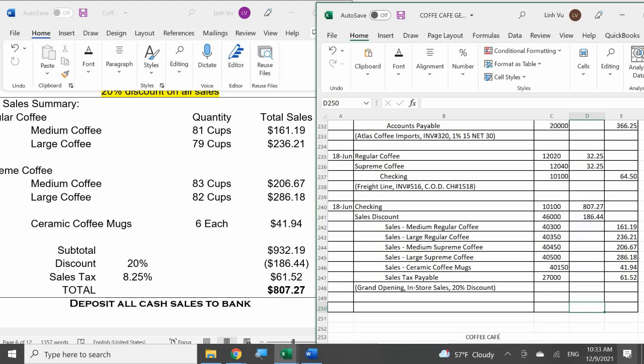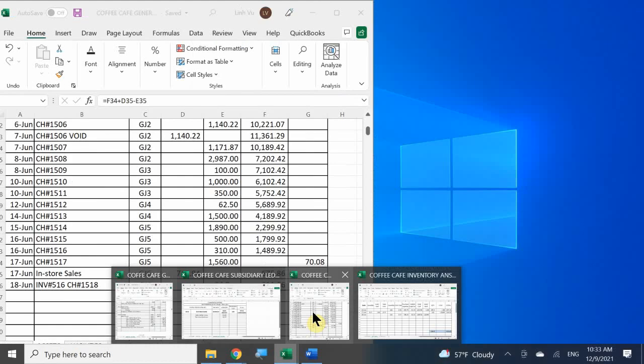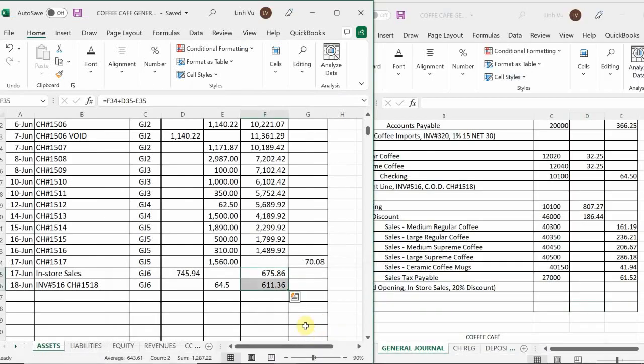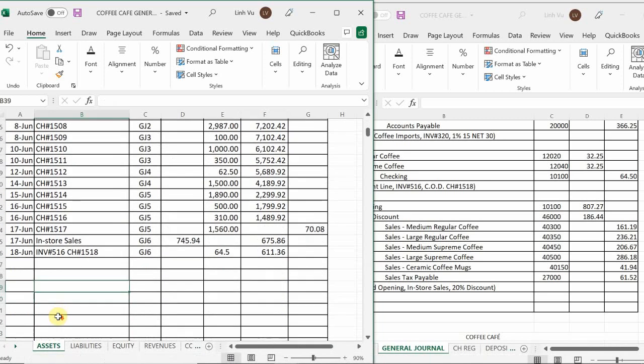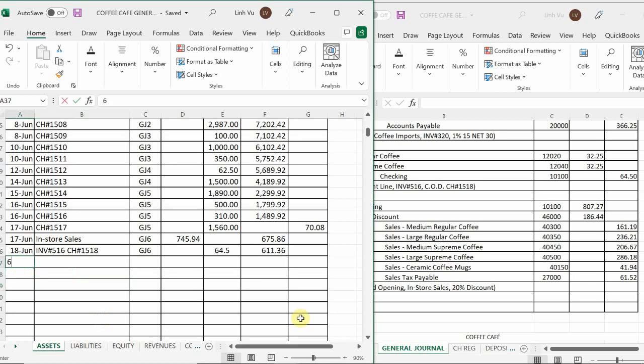Now you would go to the general ledger. Starting with the first one, checking, which we are here already. 618. In-store sales. General journal 6.